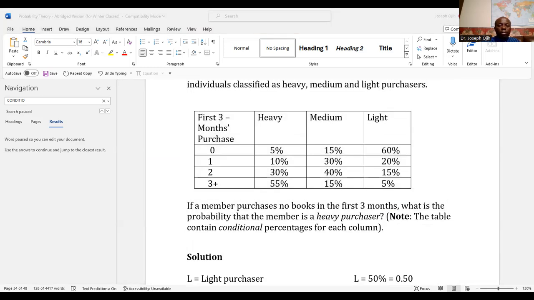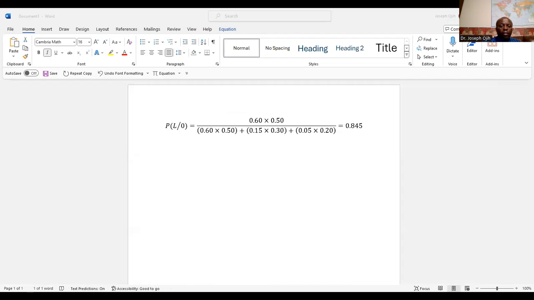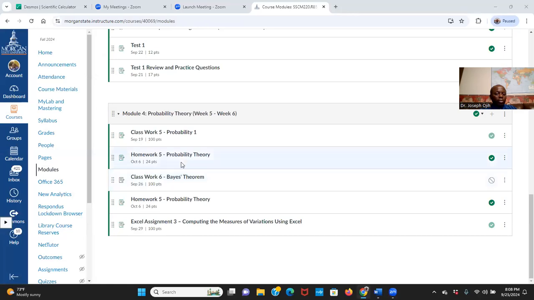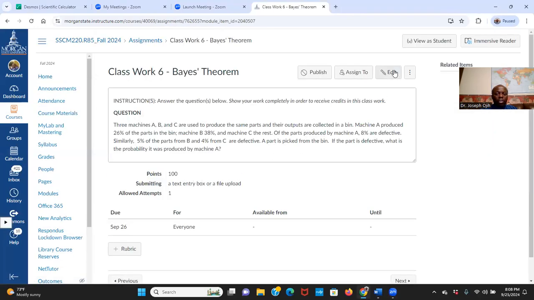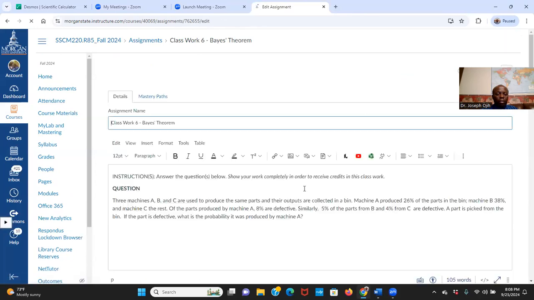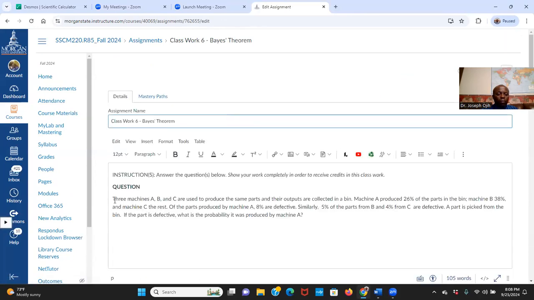Take you to the classroom. Okay, see, that's the classroom right here. I'm gonna share it with you. So I'm gonna change this classwork to this Bayes theorem. Remember to show your work. Don't forget.